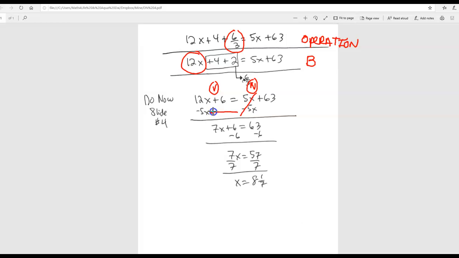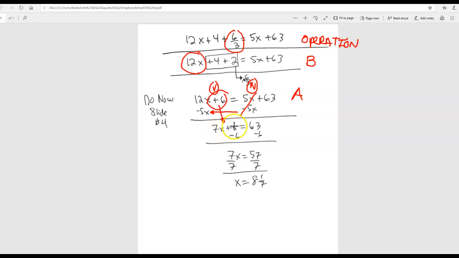So we go over here. What we do on one side of the equal sign, we do on the other. So I have 12x minus 5x if you're doing arithmetic, or 12 positives, 5 negatives gives me 7 positives. We bring down the 6. Why? We didn't do anything to it. So let's move on. What letter was that? That was letter A, inverse operation.